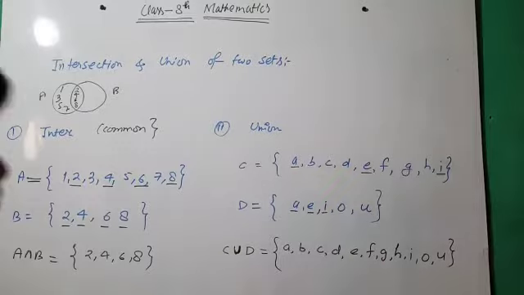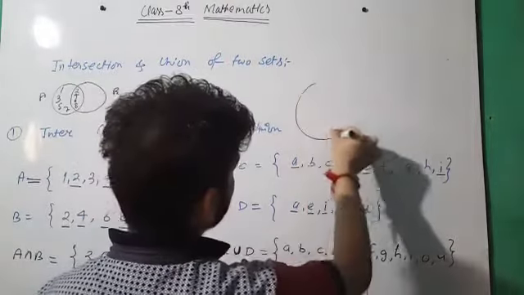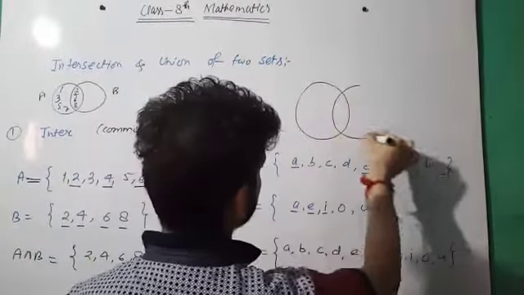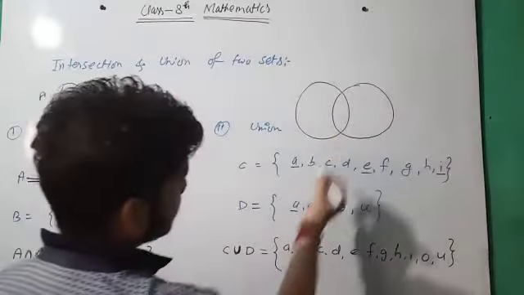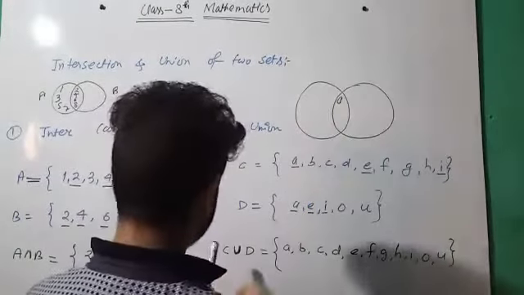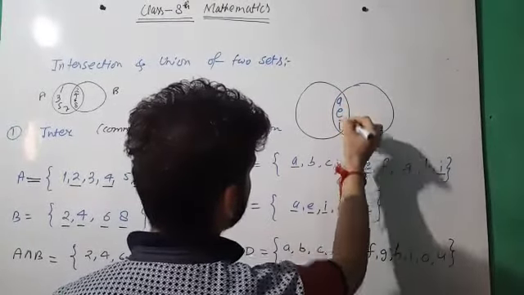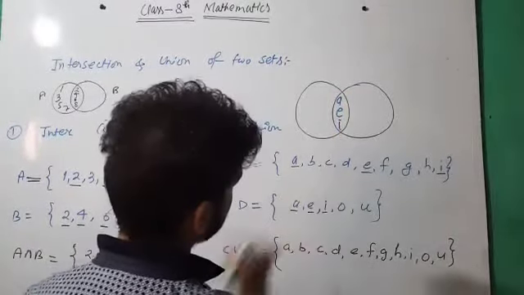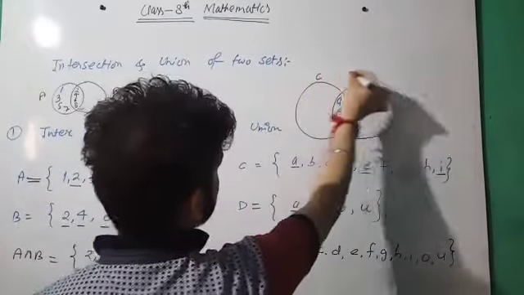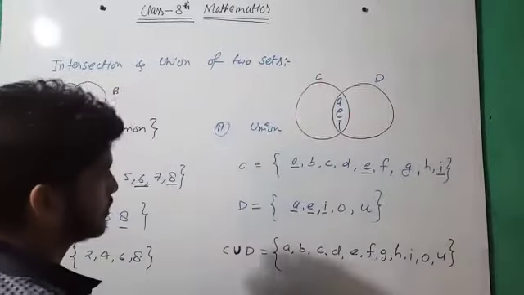Now we have the Venn diagram for union. The common elements A, E, I are placed in the common part between the two circles. C and D are two sets.